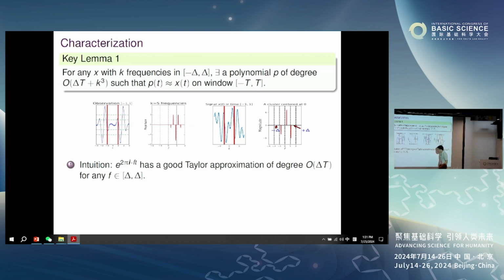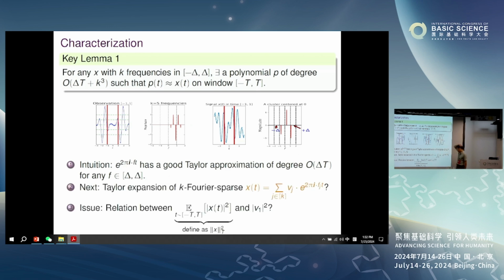Of course, the real problem is to prove the Taylor expansion of the k Fourier sparse signal is good. If we do the Taylor expansion on each wave function, the real question becomes to understand how the error of the Taylor expansion depends on these coefficients v1 till vk.